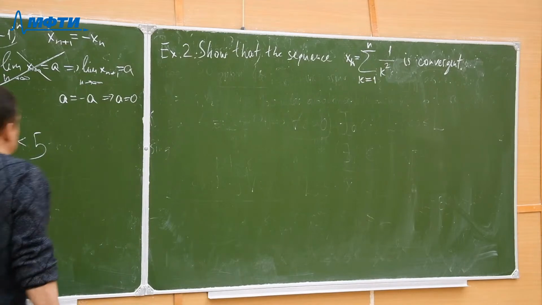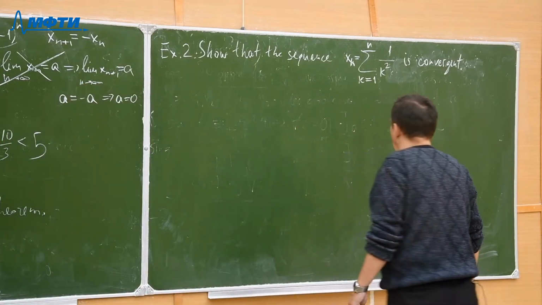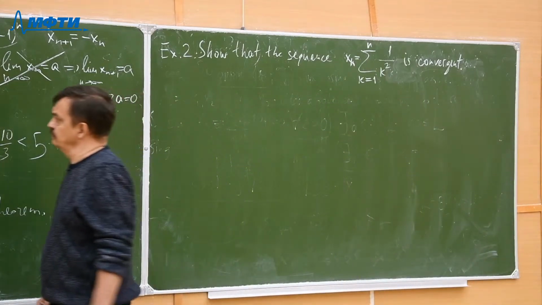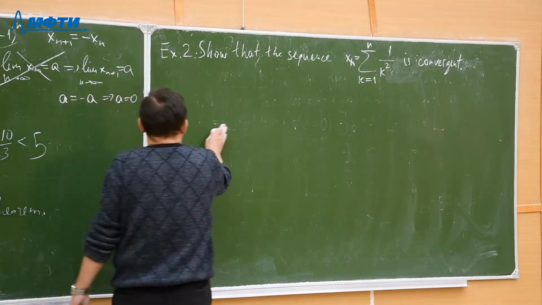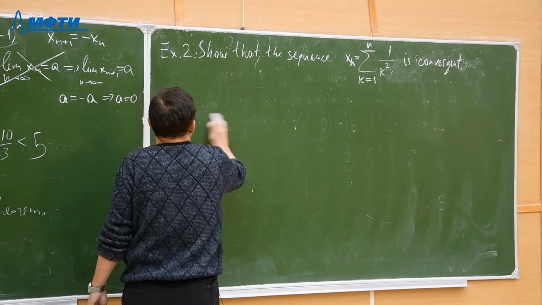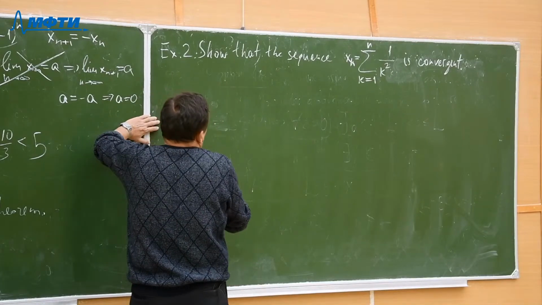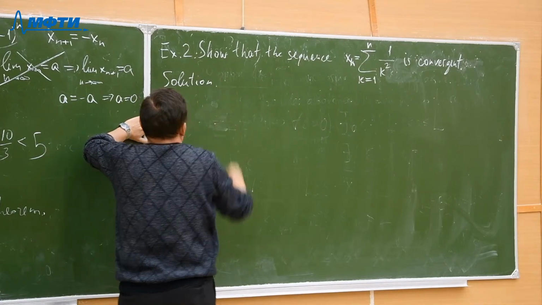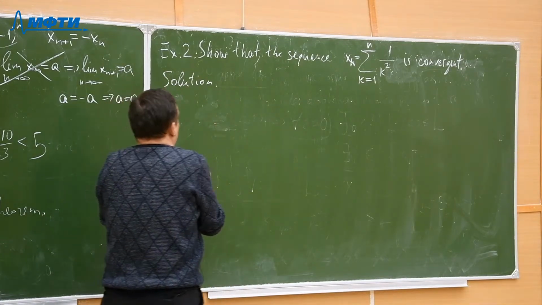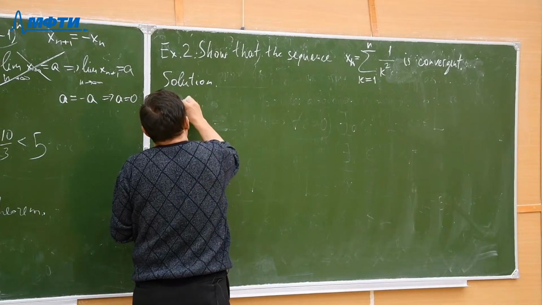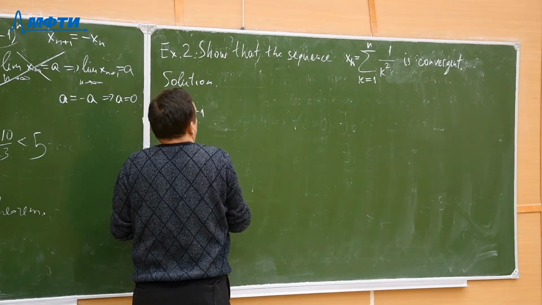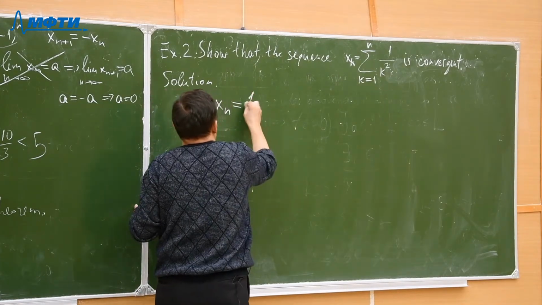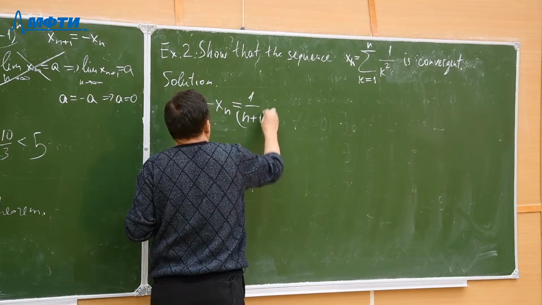So, first of all, solution. We observe that x_{n+1} minus x_n is equal to the very last term which is added to the sum.